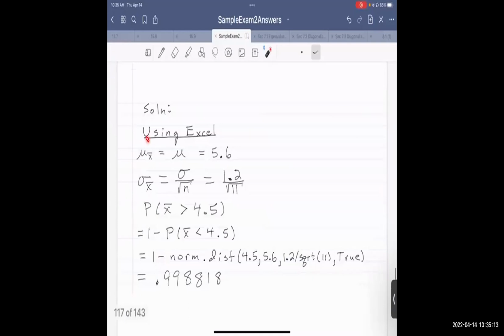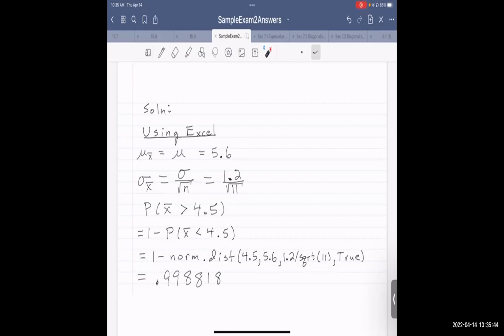Using Excel, the mean for the sampling distribution of all possible sample means is 5.6. The standard deviation for the sampling distribution of all possible sample means is 1.2 divided by the square root of 11. I want to find the probability that X bar is greater than 4.5. This is the same as 1 minus the probability that X bar is less than 4.5.